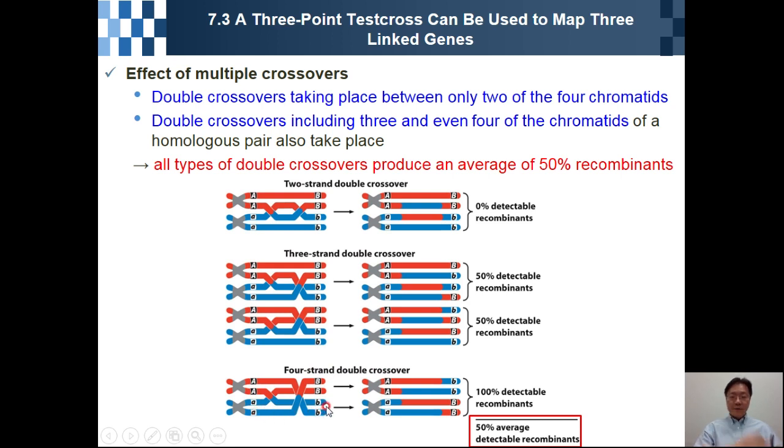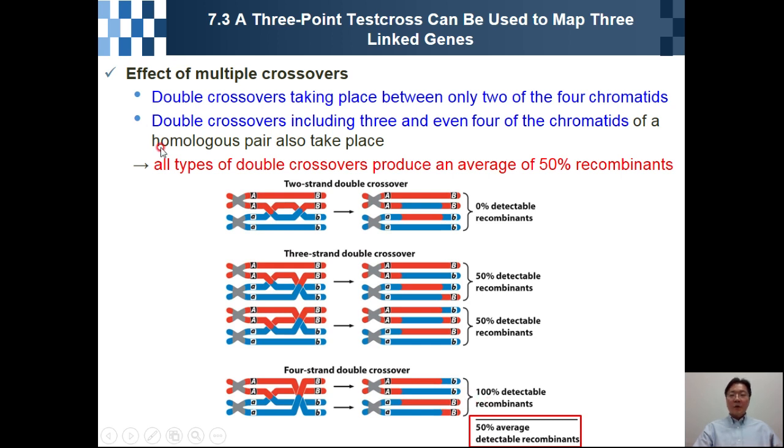After that, the final genotype will be large A, small b, large A, small b, small a, large b, small a, large b. So it means that 100% is recombinant.